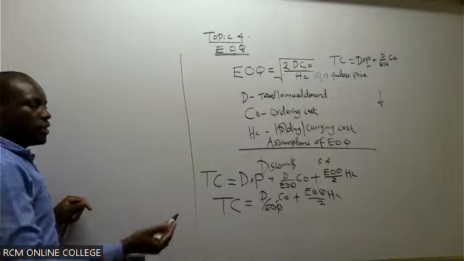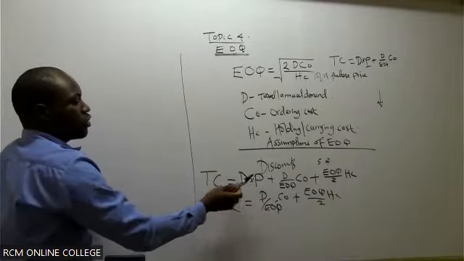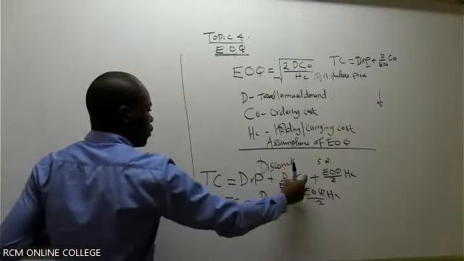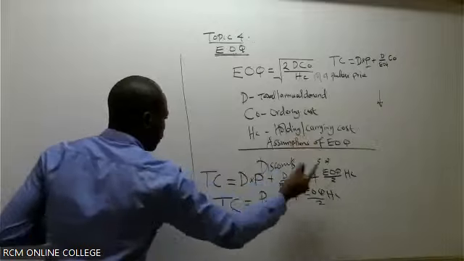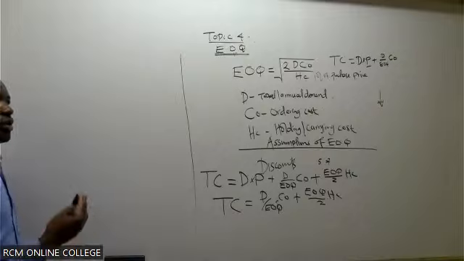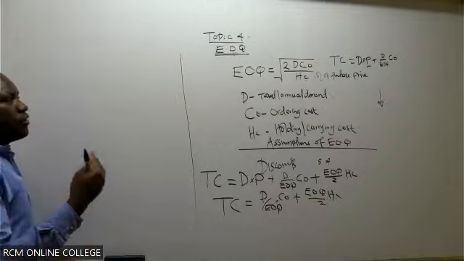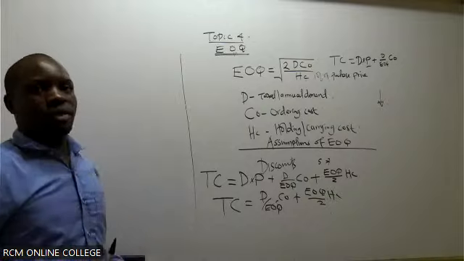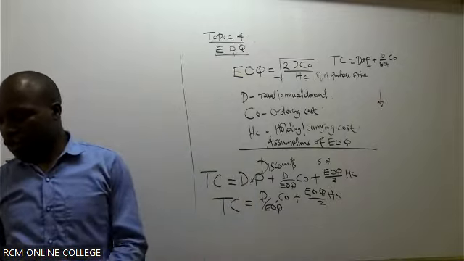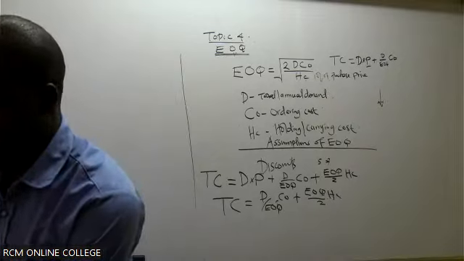In some cases you find they know the purchase price is constant, and therefore your total cost will not be affected by it, but will be affected by total ordering cost and total holding cost. So that is what we need to understand as we get to look at an illustration for this particular concept. Are we together up to that point before we get to do a question?